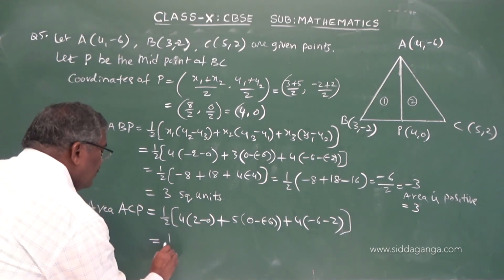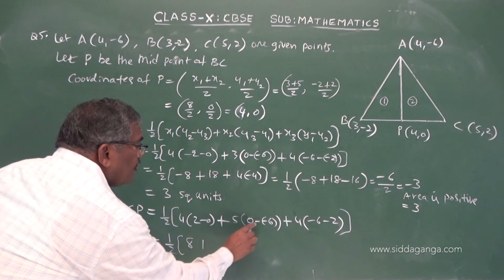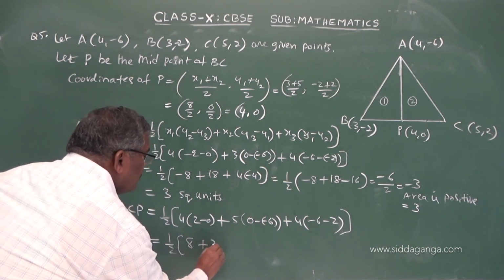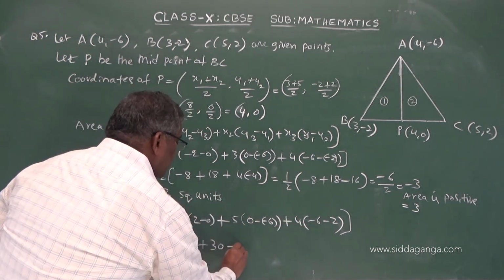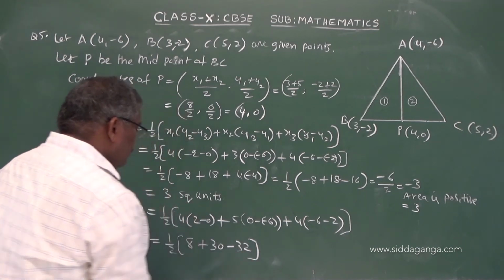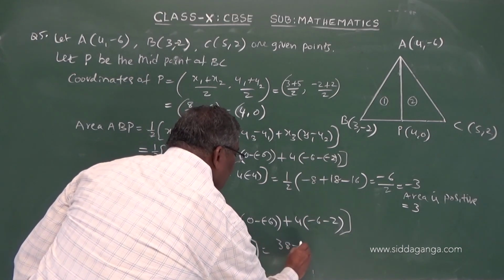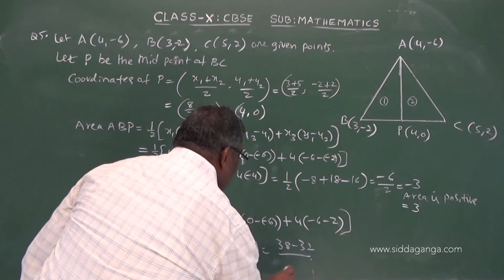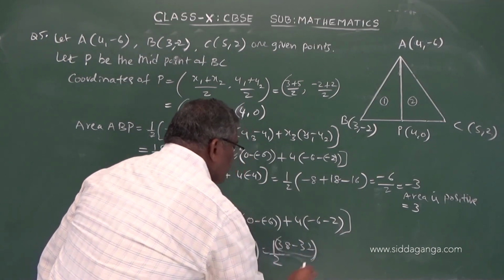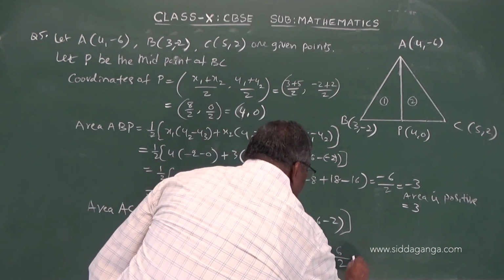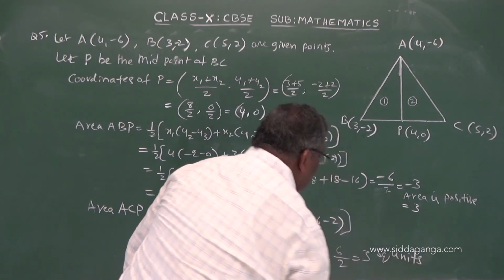You get 1 by 2 into (8 plus 30 minus 32), since minus of minus 6 is plus 6, and 5 times 6 is 30, and 4 times minus 8 is minus 32. So half of (38 minus 32) is 6 by 2, which equals 3 square units.